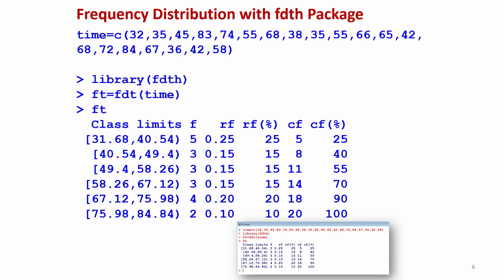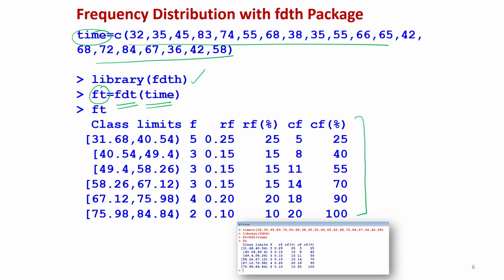So let me save this data in a time data vector. I load my package fdth, and now I use the command fdt over time. It will take only the default values, as I told you, and I save all of this in the variable ft. So ft will look like this, you can see here.